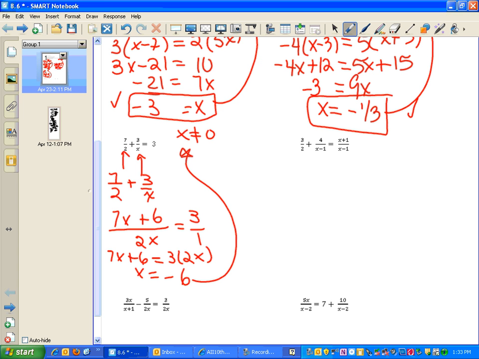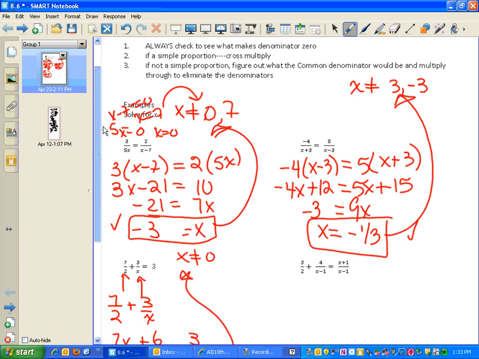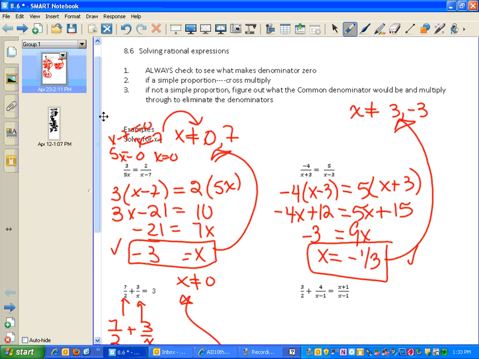Okay. All right. Here we go. This one's a little bit more confusing. And at some point, we want to get a common denominator, although we still want to think of what our common denominator is. Okay, so look up here. I said, if not a simple proportion, figure out what the common denominator would be and multiply through to get rid of the denominator.